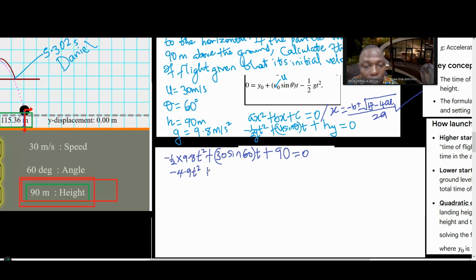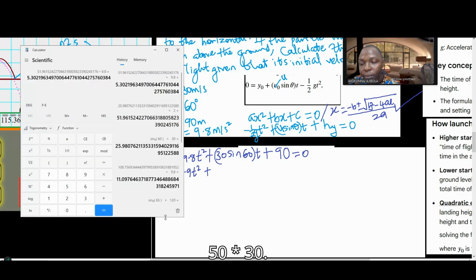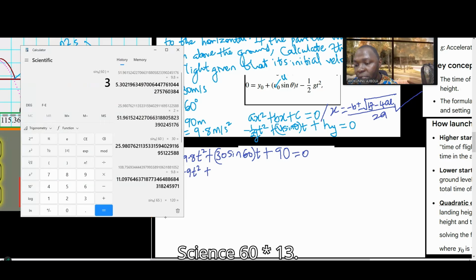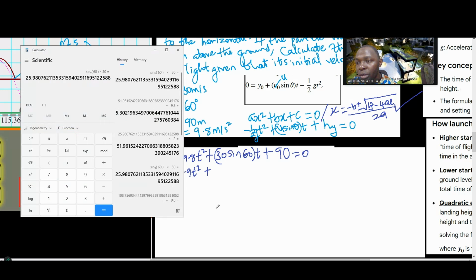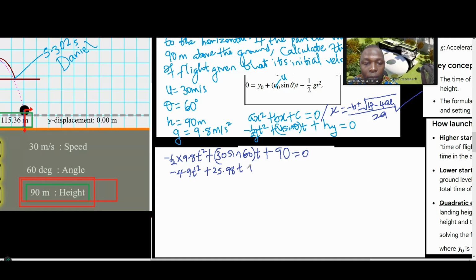Then plus, what is sine 60 times 30? 25.98. Plus 90 equal to 0.